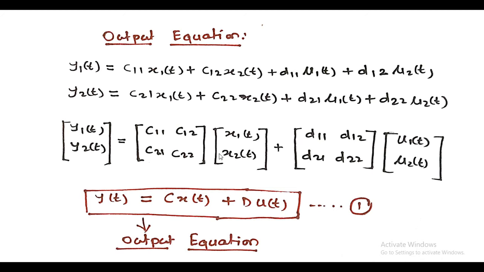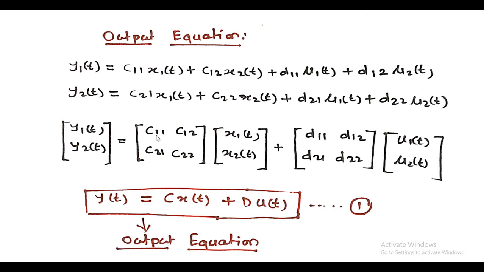Again we will see how the matrix is explained here. So this is y1t, y2t. These parameters will increase as the number of outputs, states and inputs increases. So these are the coefficients which are multiplied to the states, plus these are the coefficients multiplied to the inputs. How this equation we can obtain, that I want to explain.